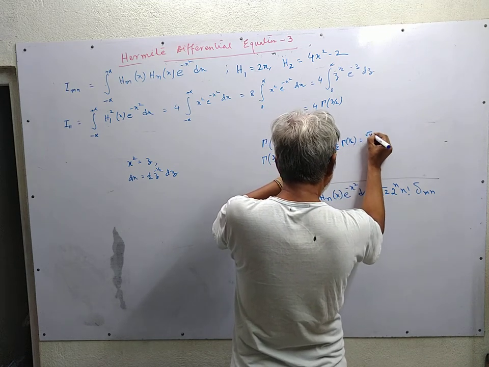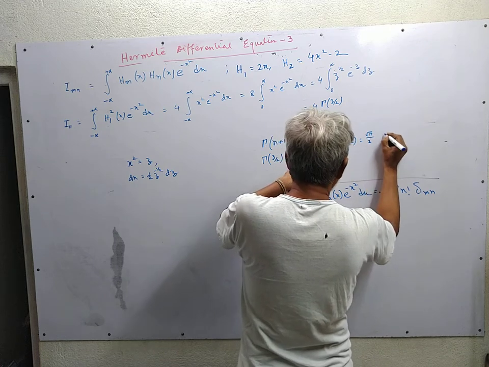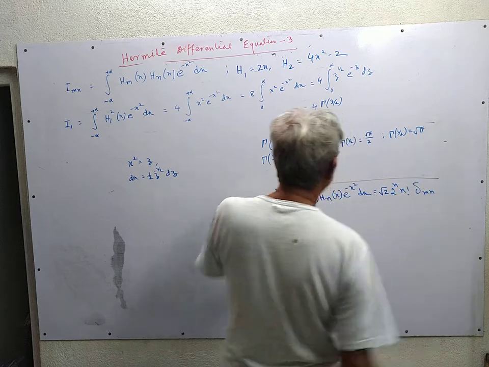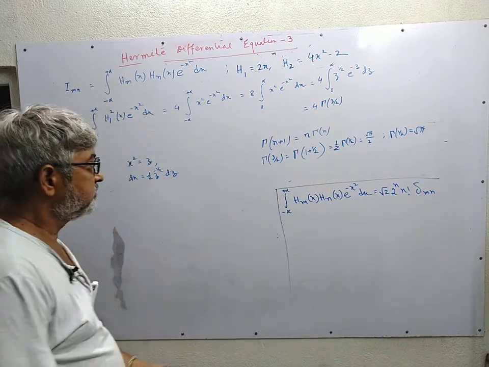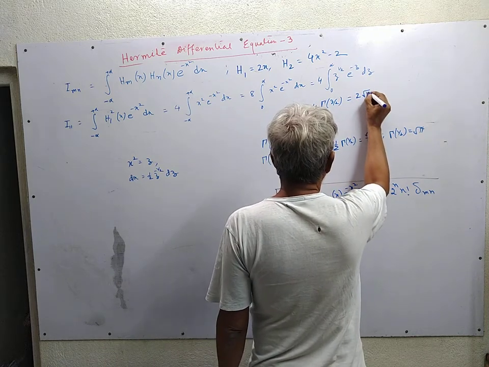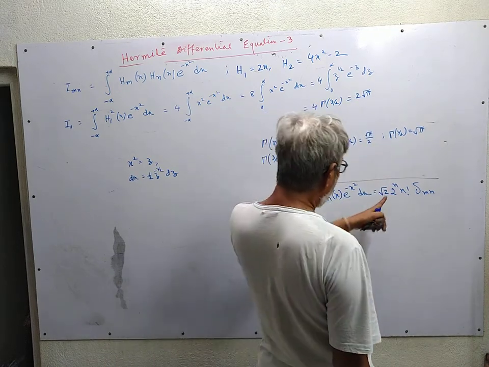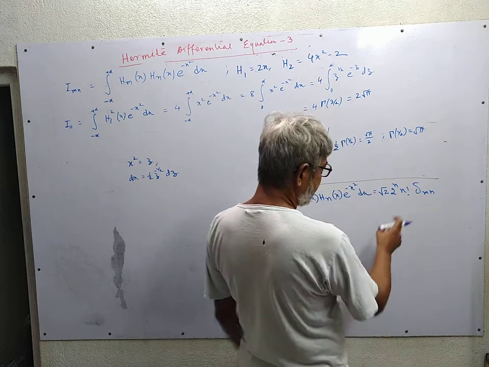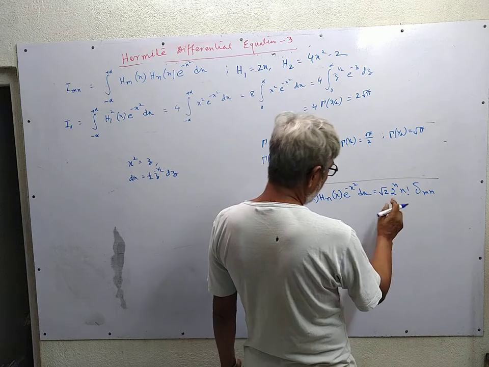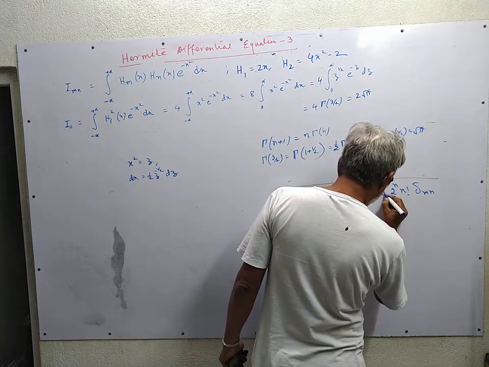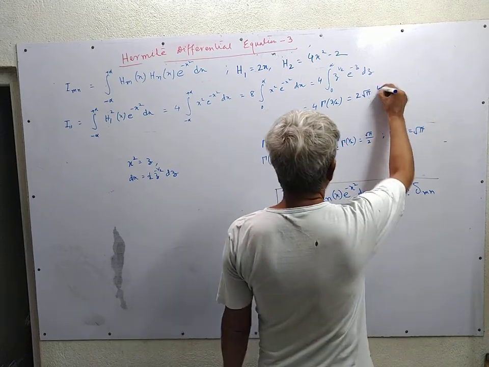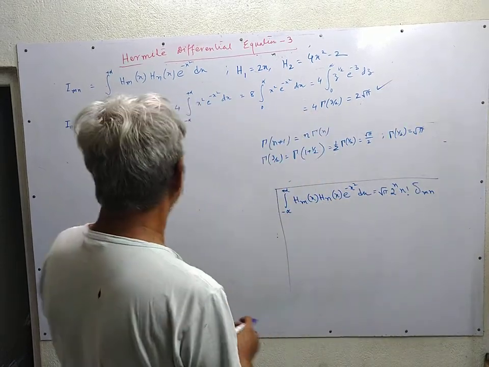So this is root pi by 2, as gamma of half is root pi. So this is 2 root pi. We put n equal to 1 in this expression, which is root pi 2 to the power n n factorial. Sorry, this should be pi. And we see that the result matches with this expression.